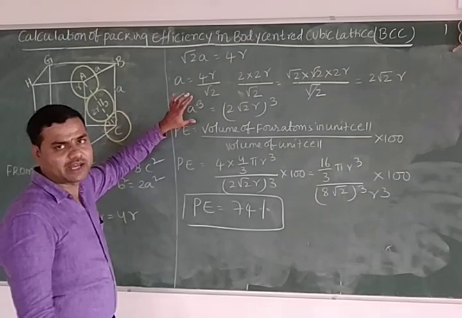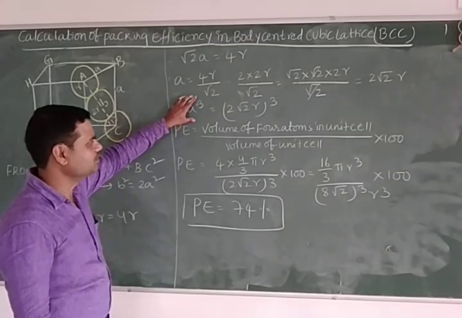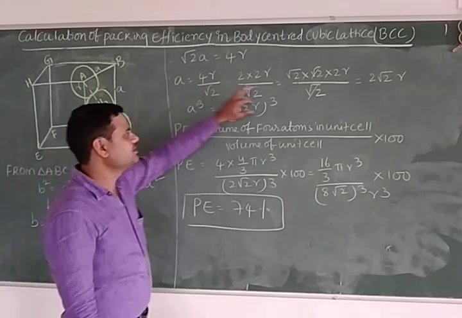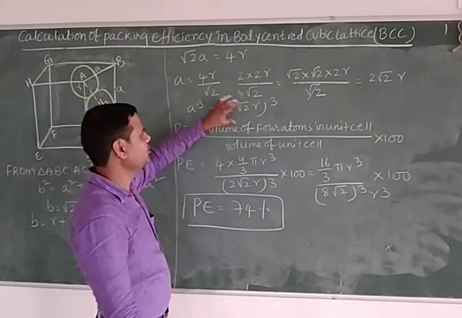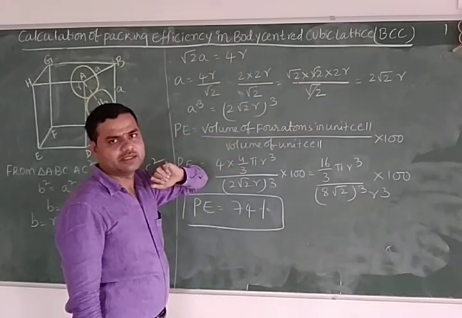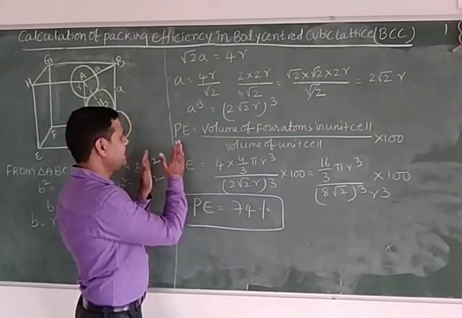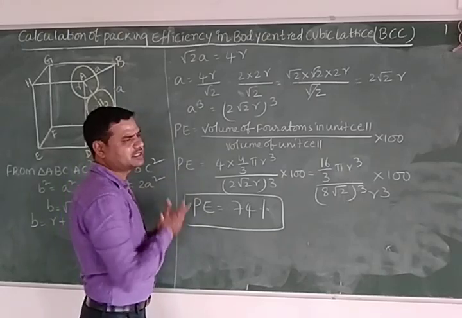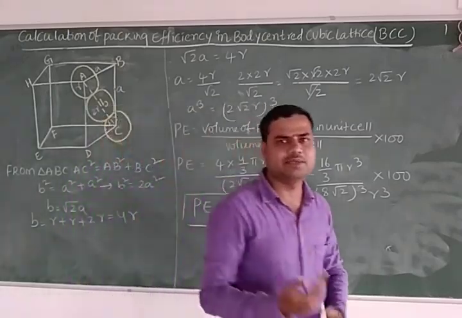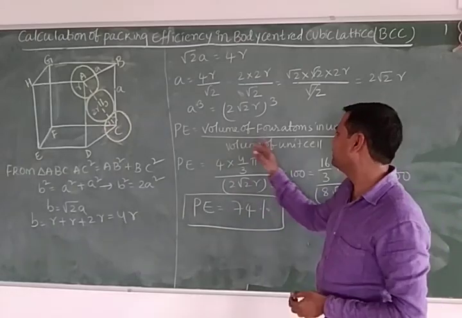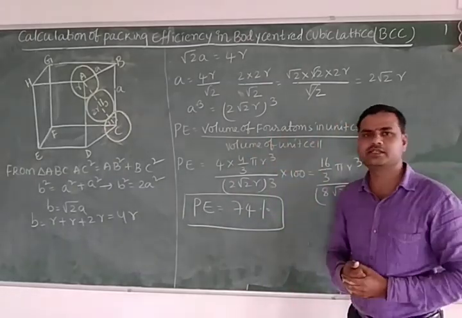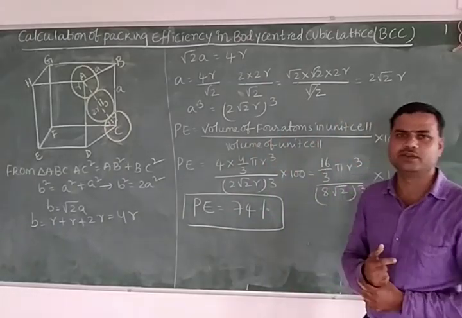Now the volume of the unit cell can be calculated. The volume formula is a cube. But what is the a value? 2 root 2 r. Therefore (2 root 2 r) whole cube. Is it clear now? Now the packing efficiency formula changes like this. In the case of simple cubic we take the volume of 1 atom in the unit cell. In body-centered we take the volume of 2 atoms in the unit cell.